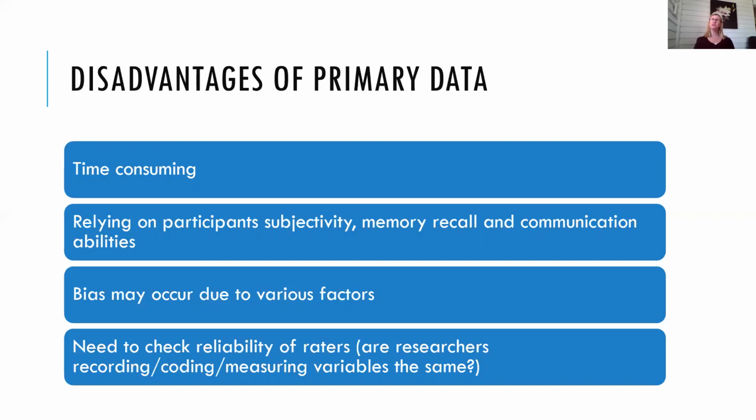And we also need to consider the reliability of raters. Remember a couple of weeks ago when we talked about reliability, especially when it comes to other people recording data. If you've got more than one person recording data, we need to make sure those people are doing it very similarly, and that's what we call inter-rater reliability.